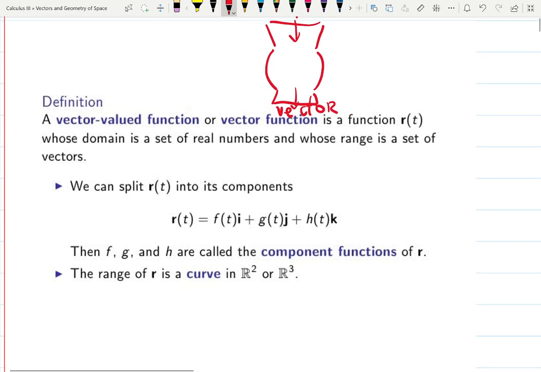So we can split into components i, j, k, and then f, g, and h are called components of the function, and then the range is output. Remember that? Output is the curve in R2 or R3, that means a two-dimensional or three-dimensional curve. That's the idea. So that's basically where we're going from now on.